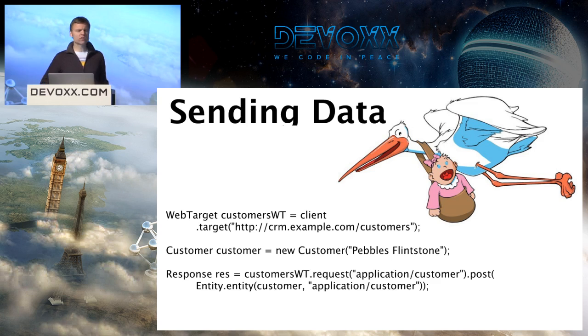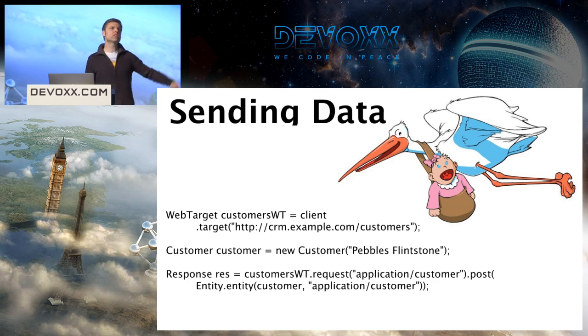You can, of course, also send data. So if you consider this and we have a customer and we want to send this customer representation to the server, you invoke a post method, and into that post method, we have to supply some information, what the media type is actually going to be that is put in our request data. And for this, there's this new entity class.